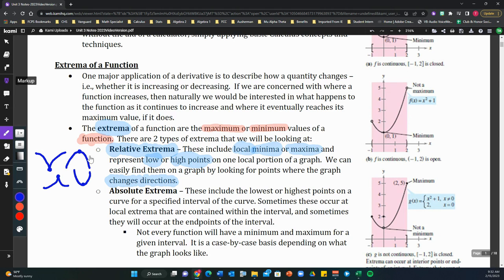But then the second type are referred to as absolute extrema. For absolute extrema, it's kind of in the name. We're referring to the absolute lowest or highest values anywhere on a graph. When we do this, we're typically thinking about one particular interval.